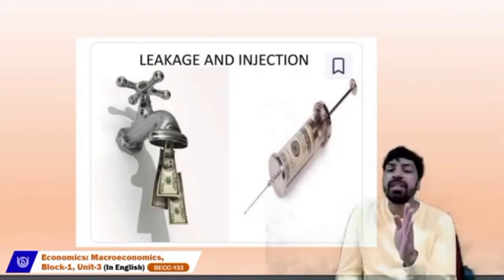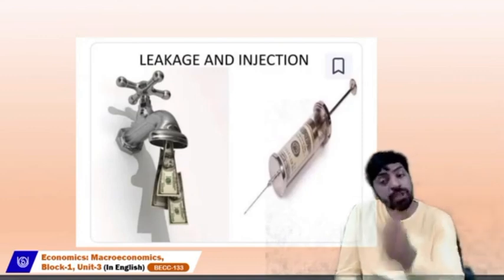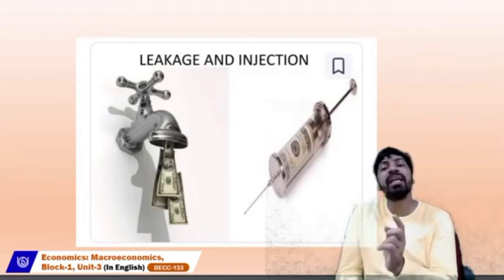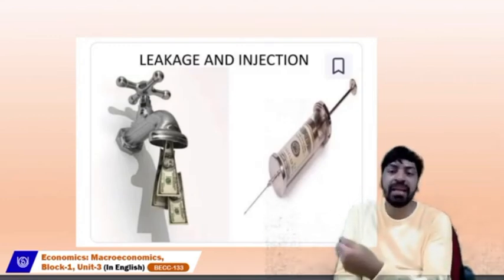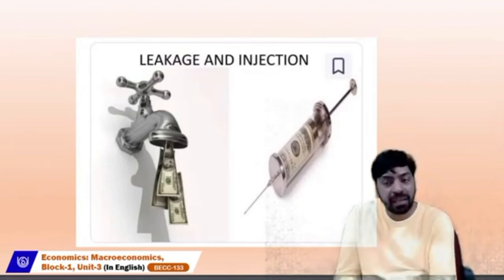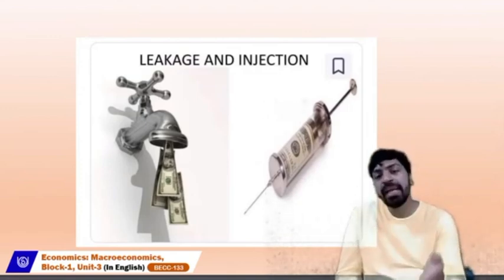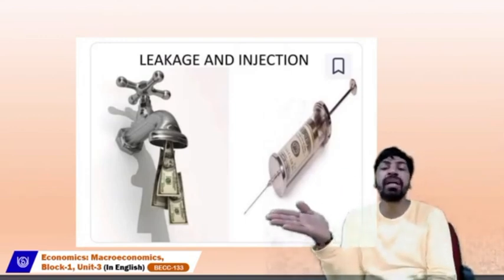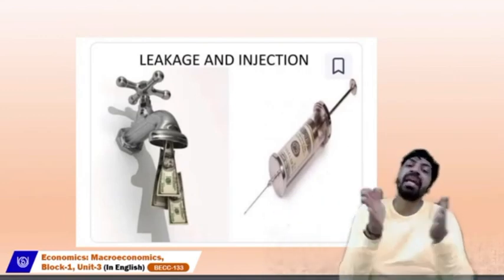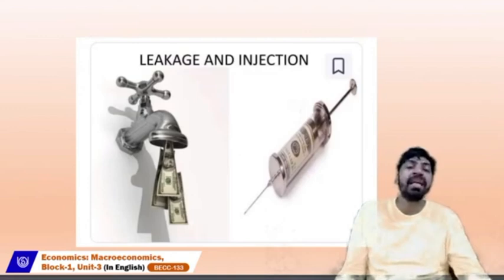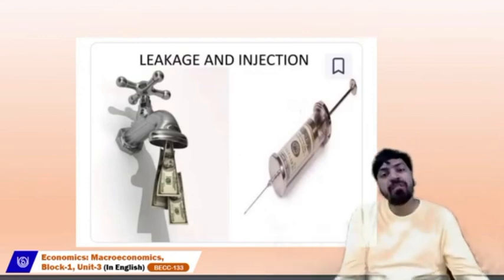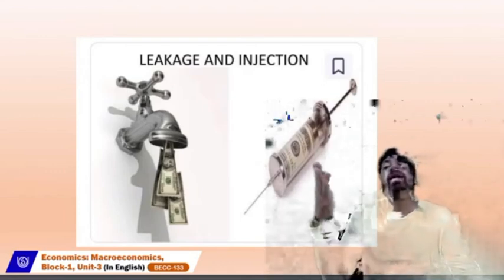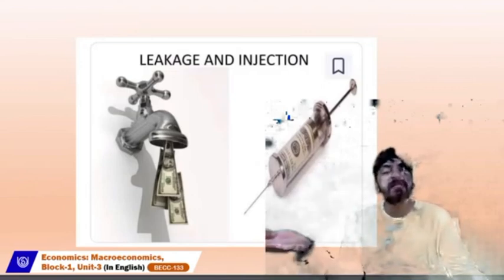But when we talk about injection, we are talking about the introduction of money into the flow, in addition to investments and government spending. That is exactly what injections in the flow of income are. That is the main difference between leakage and injection: leakage stands for the withdrawal of money, but injection is the introduction of money into an investment or into government spending.